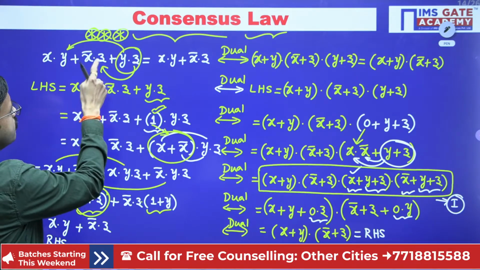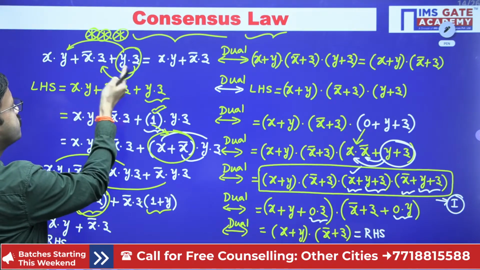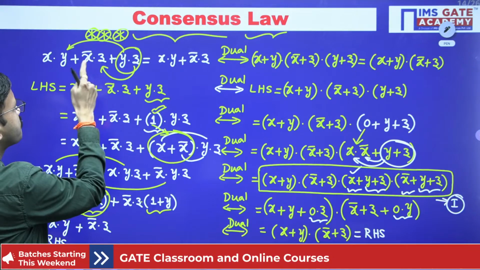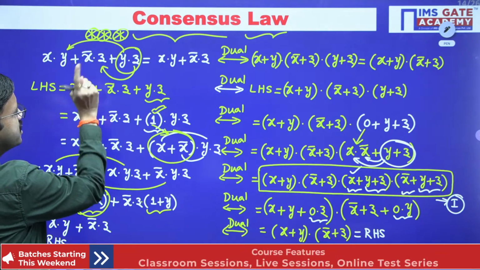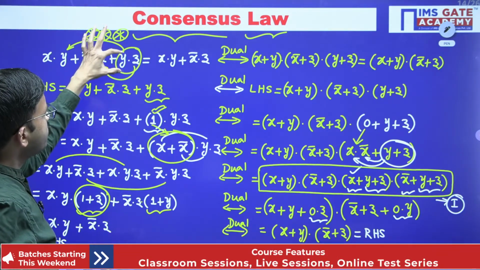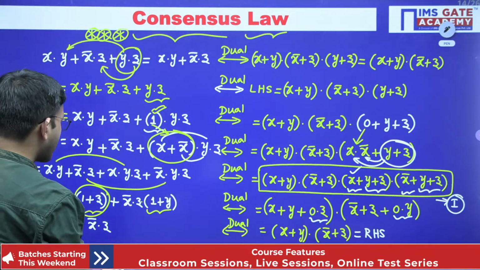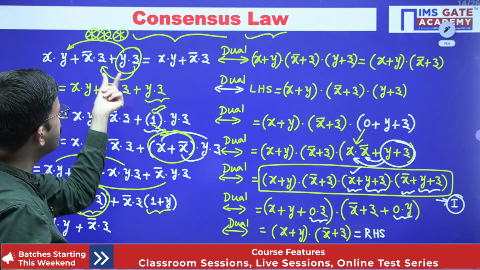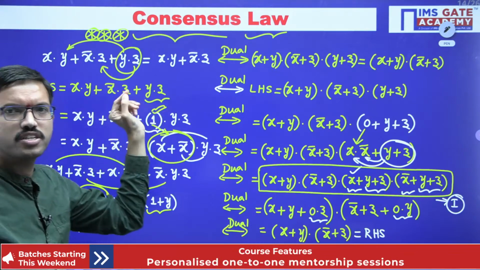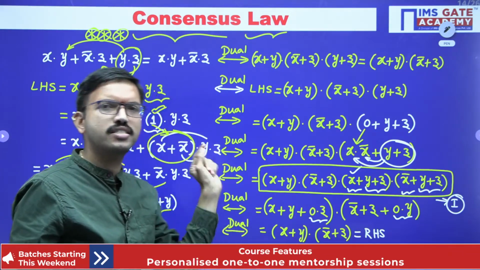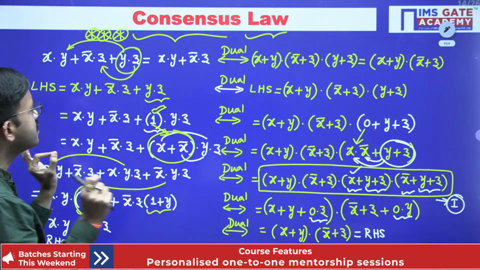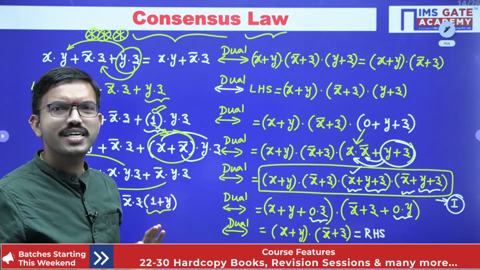Or Y bar can be present here. Suppose Z is present here, Y bar can be present here. Or if Y bar is present here, Z can be present here. So whatever variable you have, it must be in exactly the same form. If you have the variable in normal form, exactly normal. If you have the variable in complement form, exactly the same complement. That is the first and foremost condition regarding consensus law.